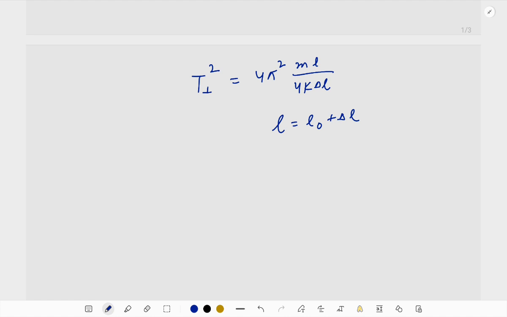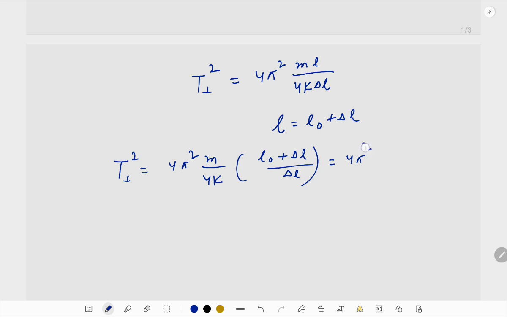So I can write this, T perpendicular, that is the time period for transverse oscillation, square equal to 4π²m by 4k, and put L equals L₀ plus ΔL by ΔL, so that I can get something like 4π²m upon 4k times (1 plus L₀ by ΔL), or something like that.